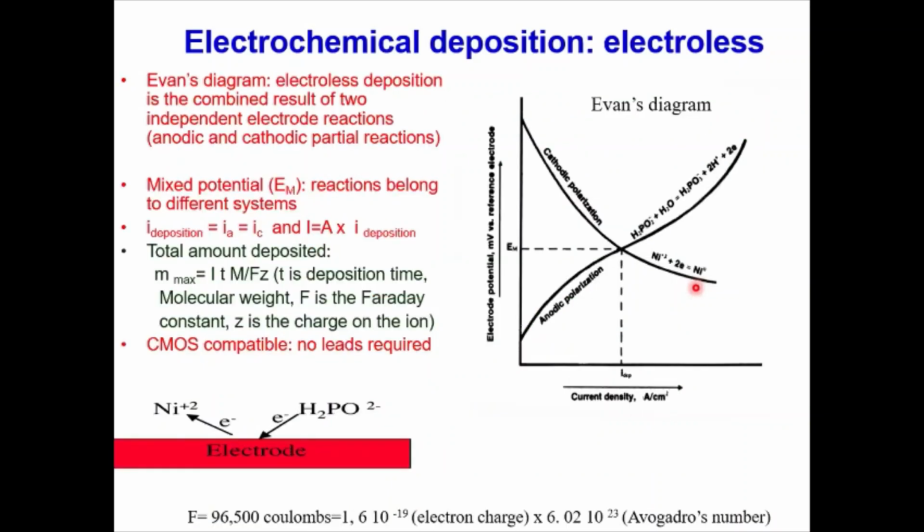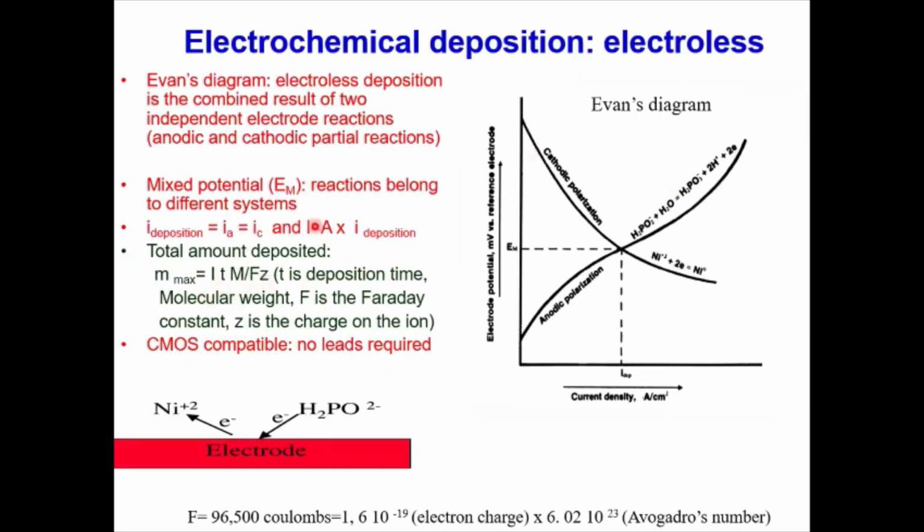This electroless deposition is controlled by a reaction scheme called the Evans diagram, right? You have anodic polarization and a cathodic polarization. This metal always goes as a cathodic polarization and is controlled by hypophosphite, which is anodic polarization. And the mass of deposits you can calculate using the relationship ItM divided by FZ.